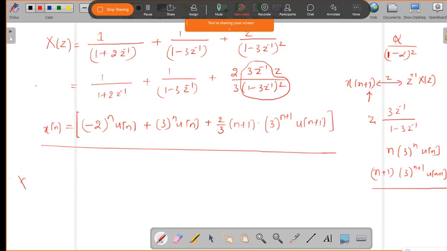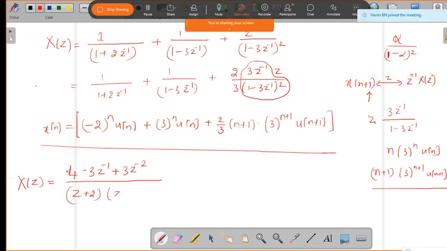X of z is given by 4 minus 3 z inverse plus 3 z inverse square, divided by z plus 2 into z minus 3 whole square, where the ROC is z greater than 3.